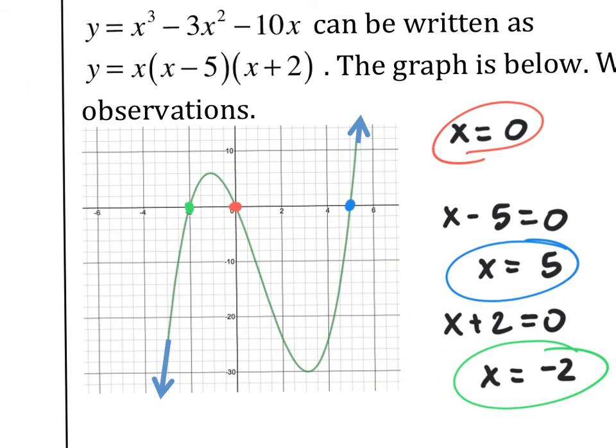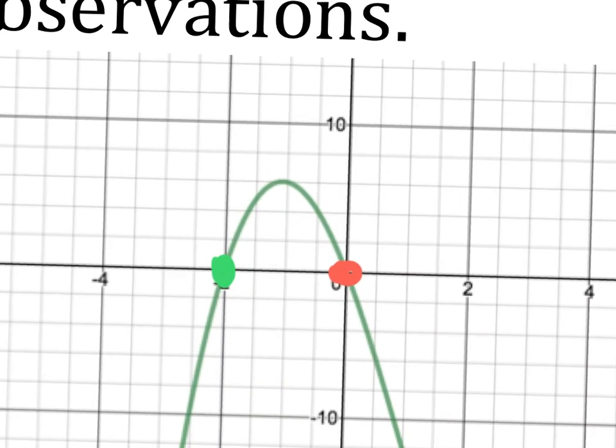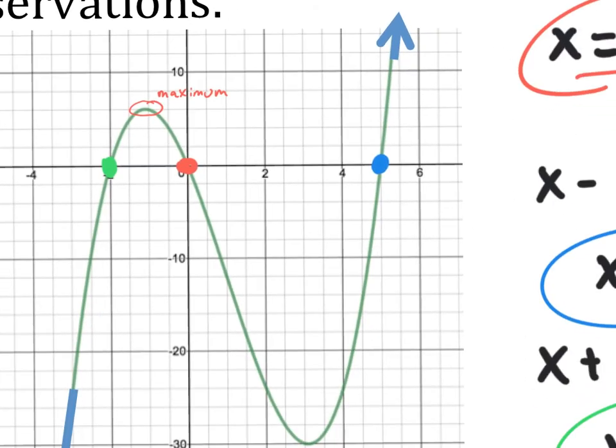Next, what we just did was say, hey, my vertex is somewhere almost directly in between. As you notice here, exactly in between is right here, and that's almost what we might call a vertex. This is actually called a maximum, but it acts as a local vertex. All right, what about this one here?